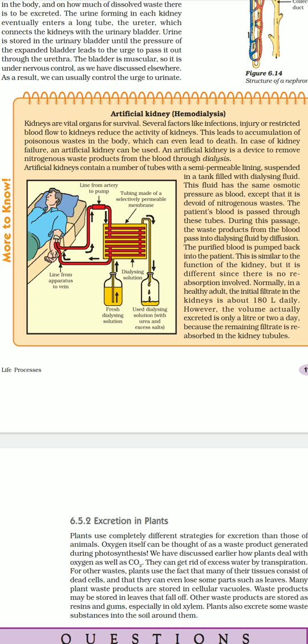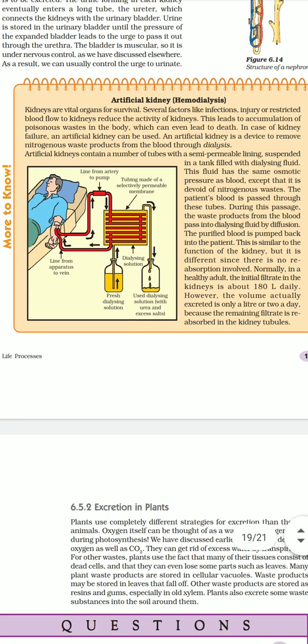So in this you can see that through the artery of the patient, blood passes through this device. This device contains dialyzing fluid, and this dialyzing fluid has the same osmotic pressure as blood, and the composition is also quite the same.